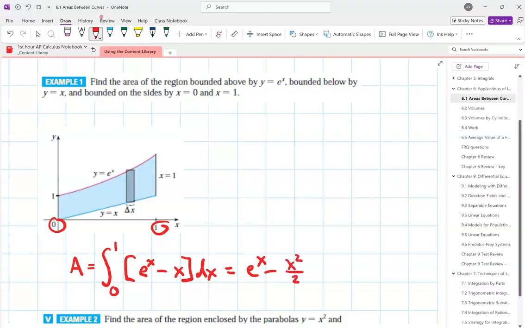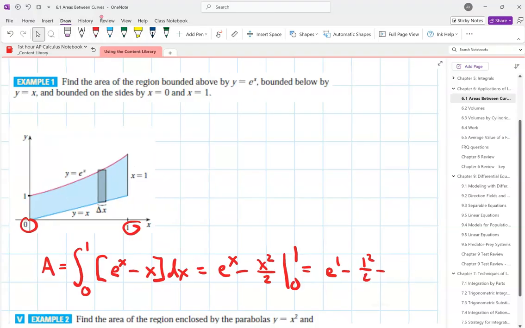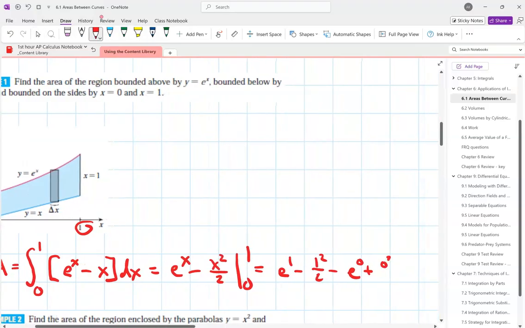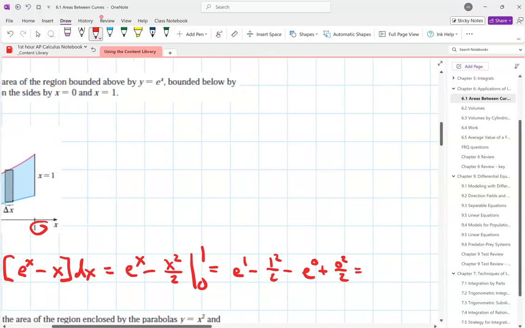And then we'll evaluate from 1 to 0. Everybody feels okay there? And if I simplify that down, I just get like e minus 3 over 2 or something.